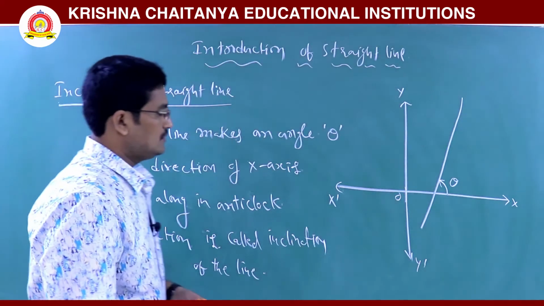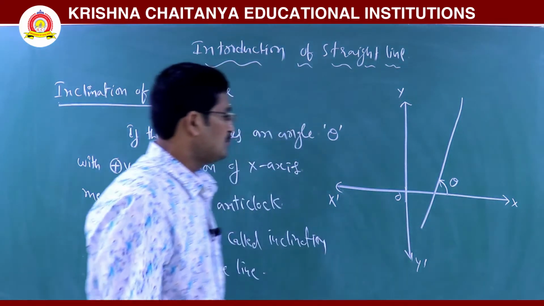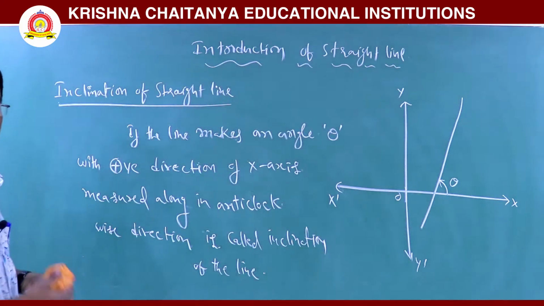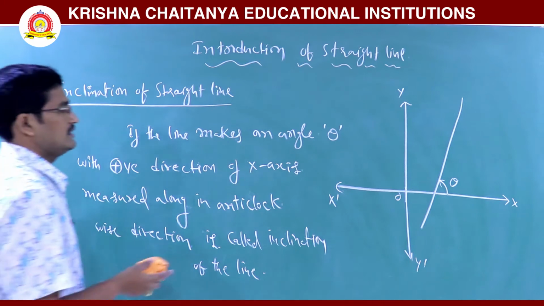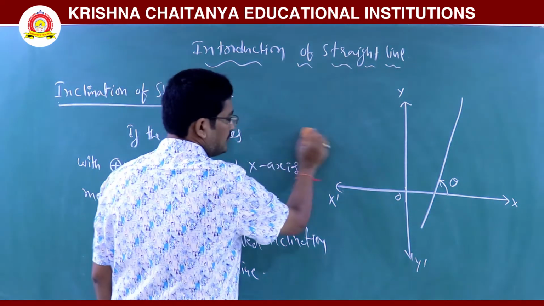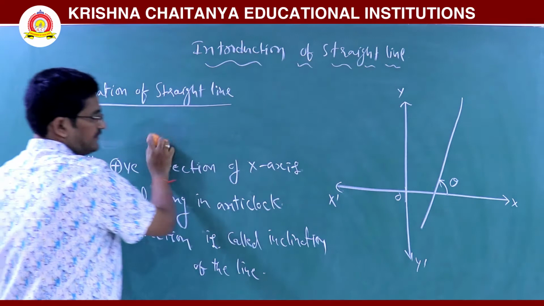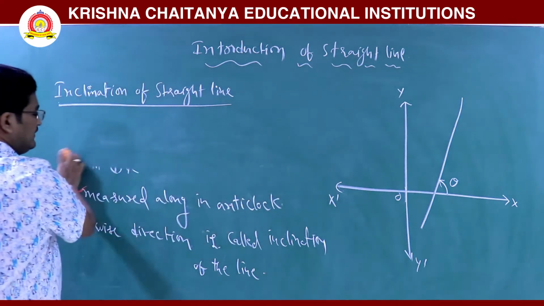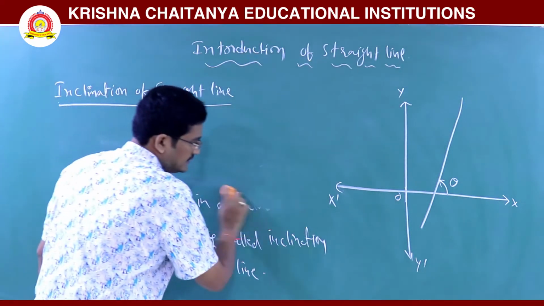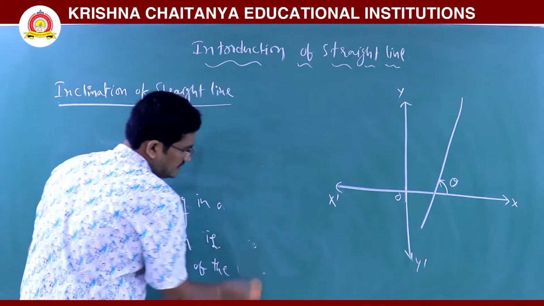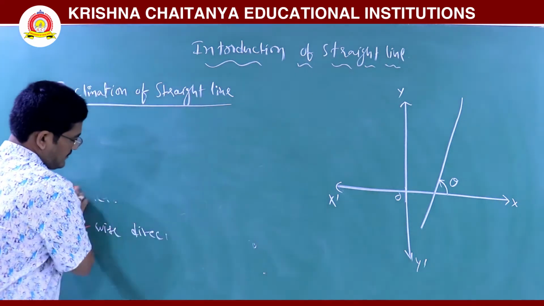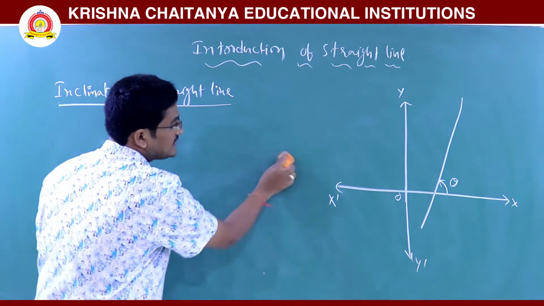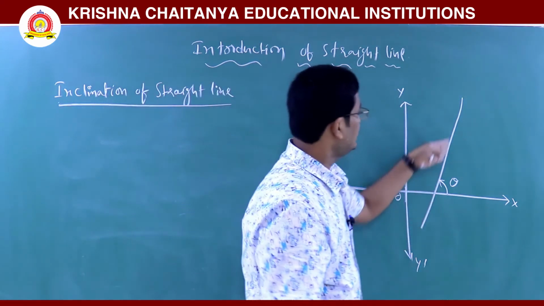Okay, we have to observe more points about this inclination of the straight line. Listen to me carefully, please. Here, suppose theta is 0, then what is the position of this line?